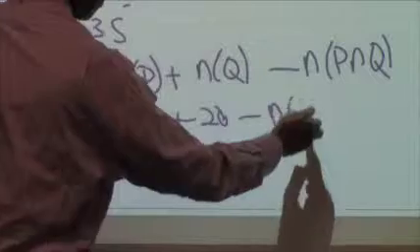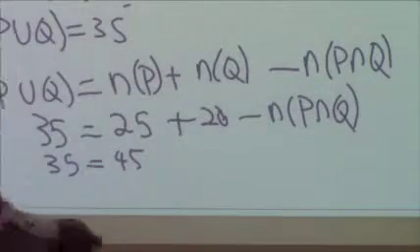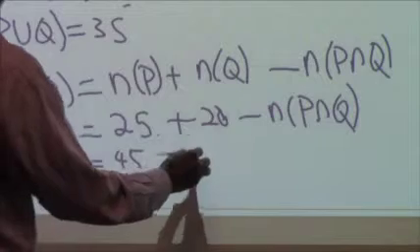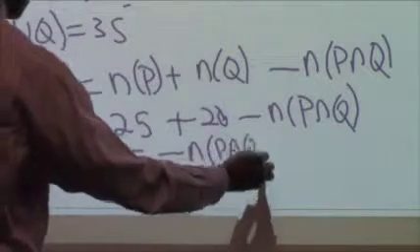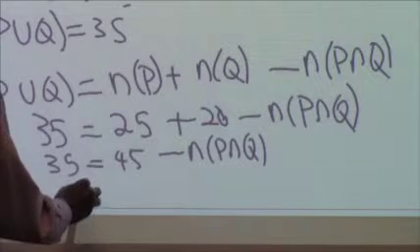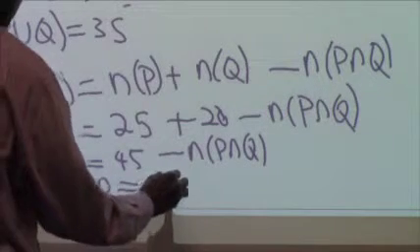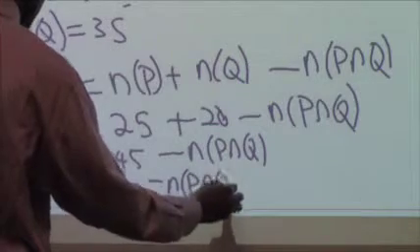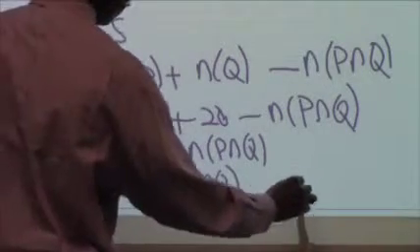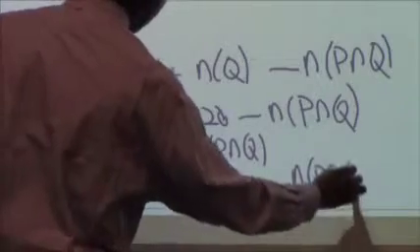Number of elements in P plus number of elements in Q minus number of elements in P intersect Q. So you see this minus here, minus number of elements in P intersect Q. So there's going to be 45 minus the number of elements in P intersect Q. You subtract 45 from both sides, you're going to have negative 10 equals negative the number of elements in P intersect Q. Divide both sides by the negative. So then the number of elements in P intersect Q is basically 10.